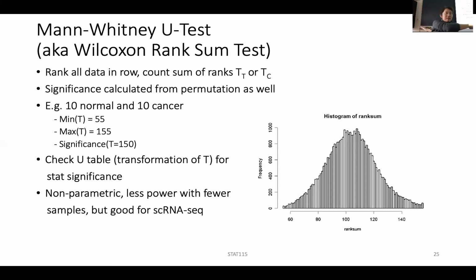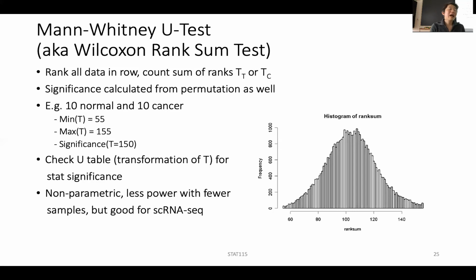And then 155 is the complete opposite situation. So either all 10 cancer cells are higher than the 10 normal, or all 10 cancer cells are lower than the 10 normal, right? So the extreme cases are 55 and 155. But then you can ask, what is the statistical significance of getting 155? You can check some tables where they already did the permutation, and they can tell you whether it's significant.